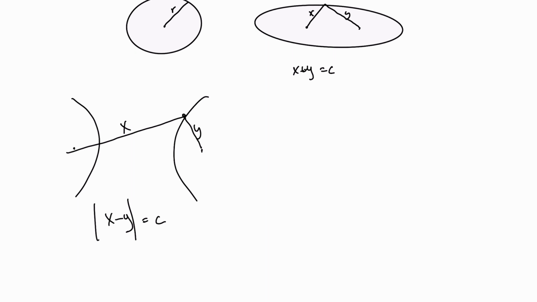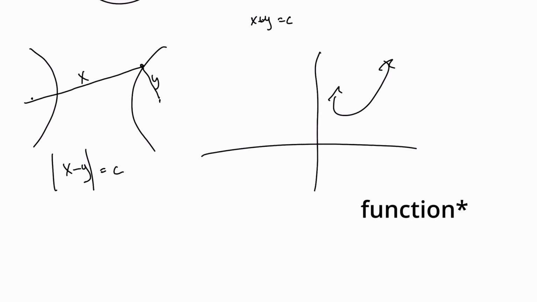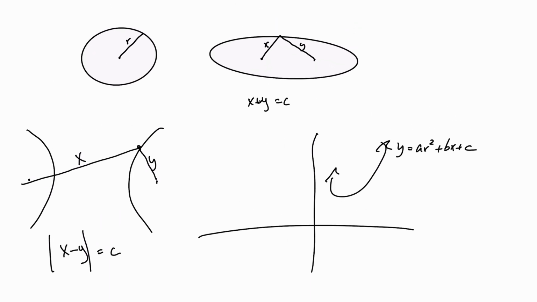A parabola is something that we learned very early on in our mathematics career, and say a parabola is just something defined by a quadratic equation, say y equals ax squared plus bx plus c. But that doesn't fit into this definition of conic sections. So now we're going to define a parabola in a new way.